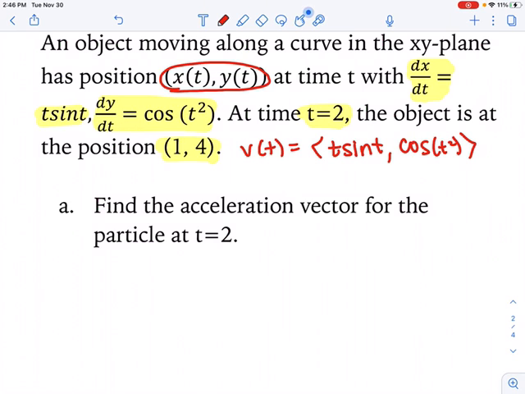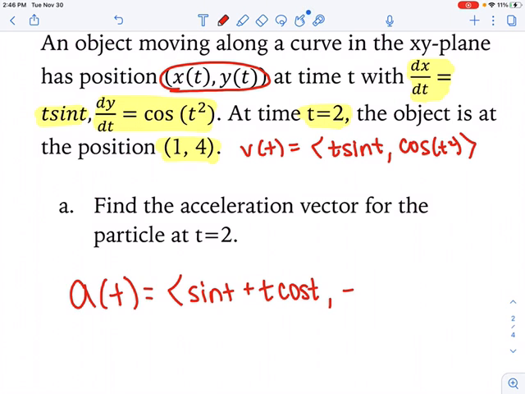So our acceleration vector, which is just going to be the derivative of the velocity vector, would be product rule: 1 times sine of t plus t times cosine of t. And then over here we would have negative sine of t squared times chain rule 2t.